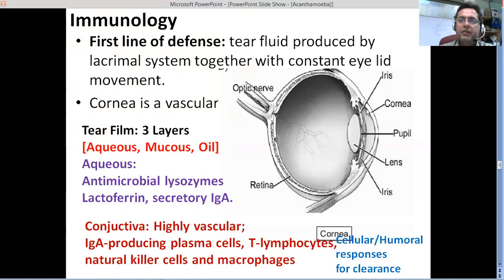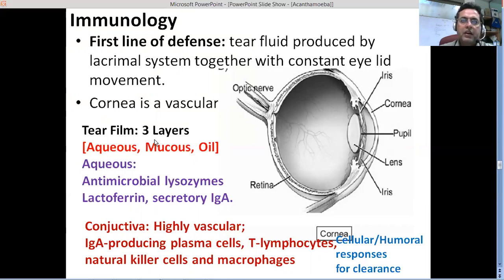And on the other side, on the inner side, the conjunctiva is a highly vascular structure, and immunoglobulin A producing plasma cells are there, T lymphocytes are there, natural killer cells and macrophages are there. So it means that inside the conjunctiva, cellular and humoral responses for clearance of this particular parasite would be initiated.